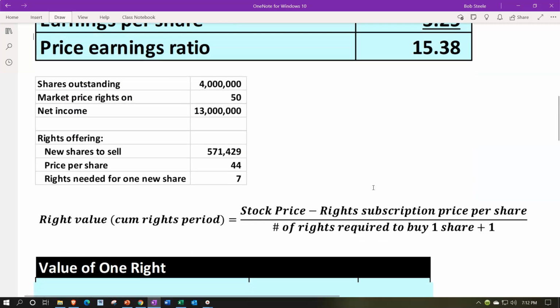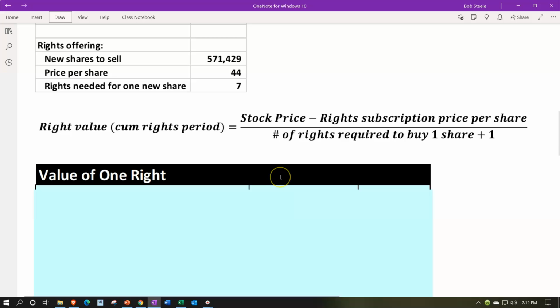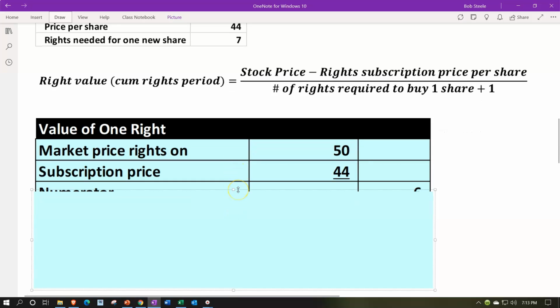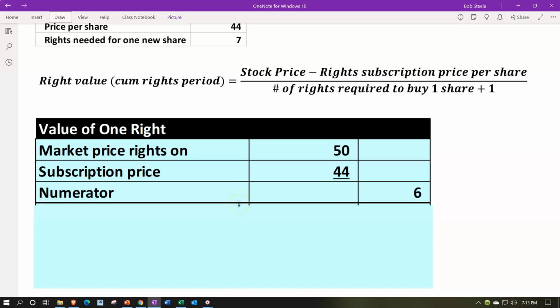Okay, so what happens after this takes place? Let's first calculate the value of a right in the cum rights period, which would be the stock price minus the rights subscription price per share, divided by the number of rights required to buy one share plus 1. So we'll calculate that here. The market price is 50. The subscription price, the discounted price, is 44, the difference being 6.